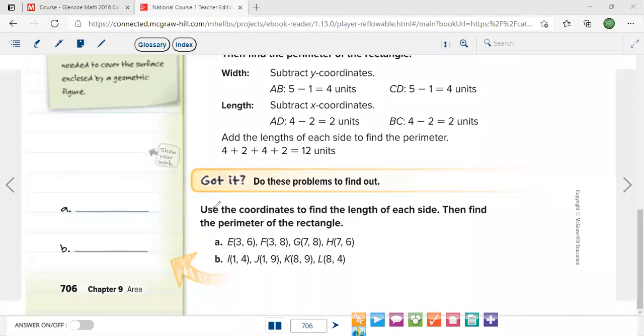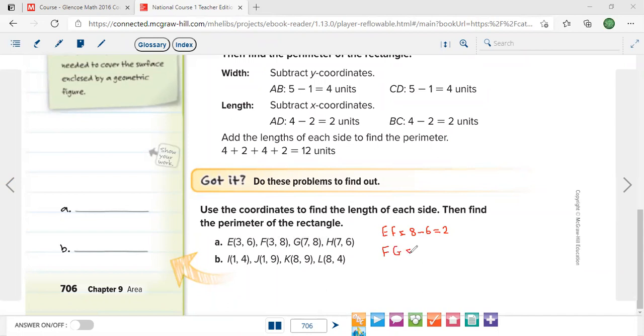In question A and B, use the coordinates to find the length of each side, then find the perimeter of each rectangle. So here in this figure, EFGH, let's take EF, cancel out the 3, so it's 8 minus 6, will give you 2. Let's take FG.